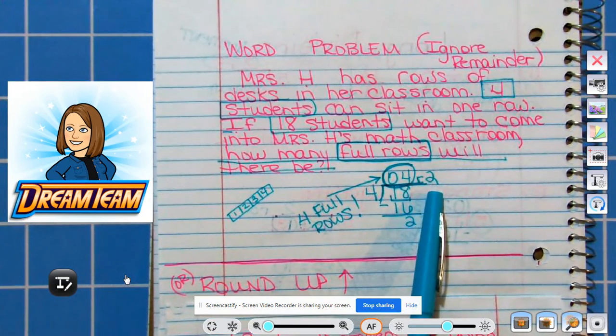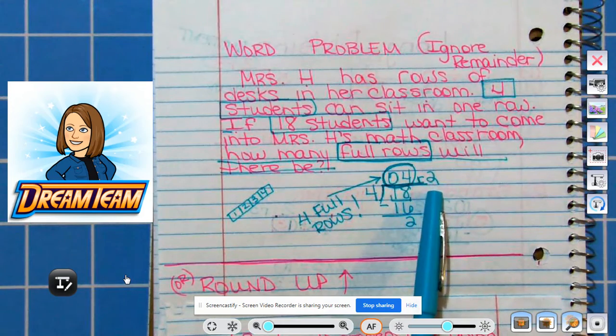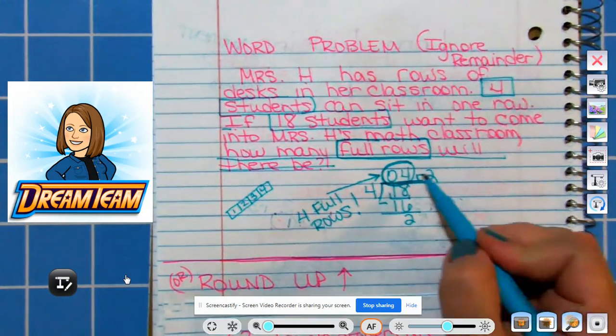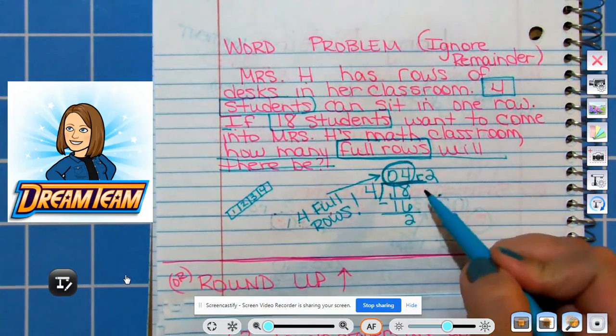How many more would we need to have another full row? You'd have to have 2 more students to have another full row. If the question were to ask how many students were left over or how many students would not be in a full row, then you would use just the leftover part, just the remainder.